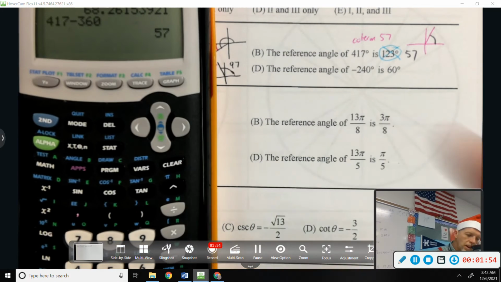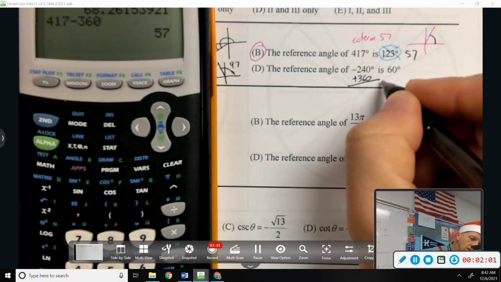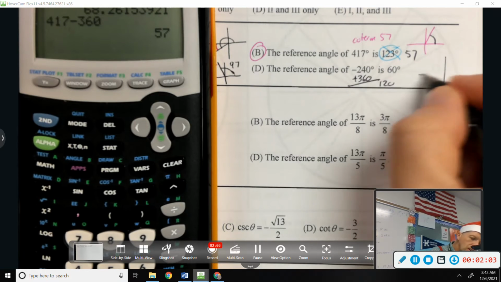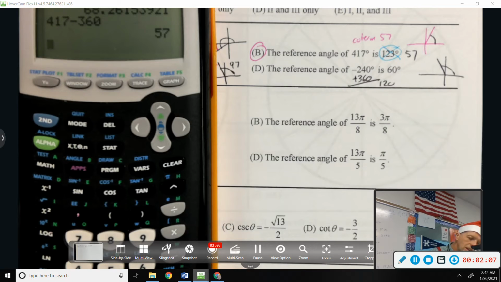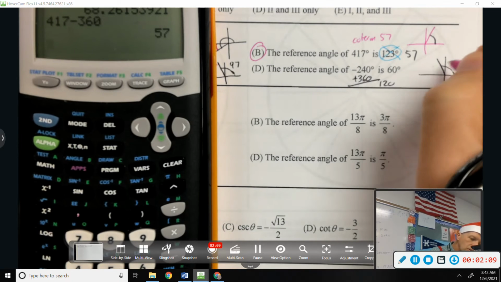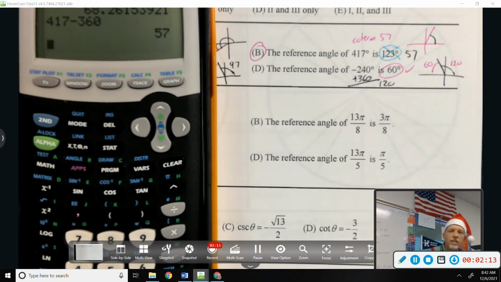For part D, we already figured out the answer is B, but let's look at D anyway. Add 360 to get a coterminal angle. 120 would be a little bit past 90. That's 120, and we need to go 60 more to get to the x-axis. So yeah, D is right.